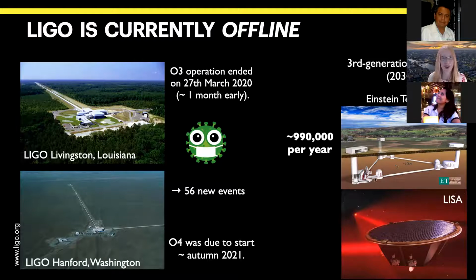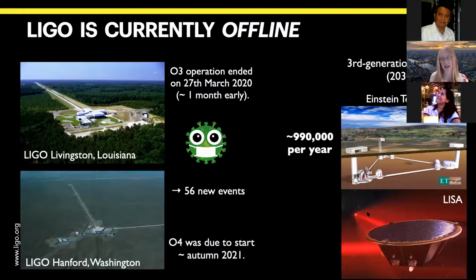So going up from 56 to 1 million, we really are looking at an era where gravitational wave astronomy is almost on a par with electromagnetic astronomy in terms of the sort of statistics and the populations we can study. For LISA, things are a bit different because LISA doesn't look at stellar mass compact objects.